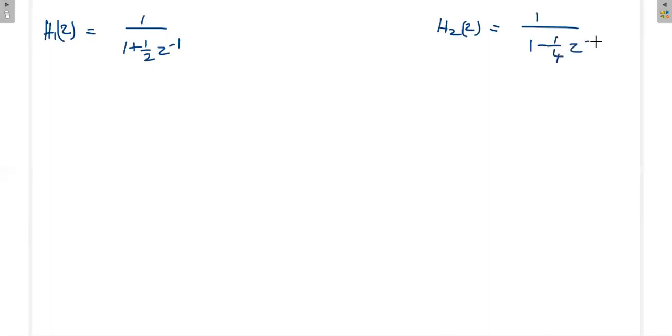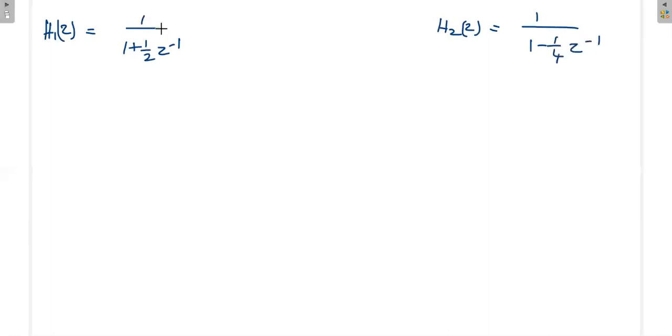So h1 of z is 1 plus 1 by 2 z inverse, and h2 of z is 1 minus 1 by 4 z inverse.